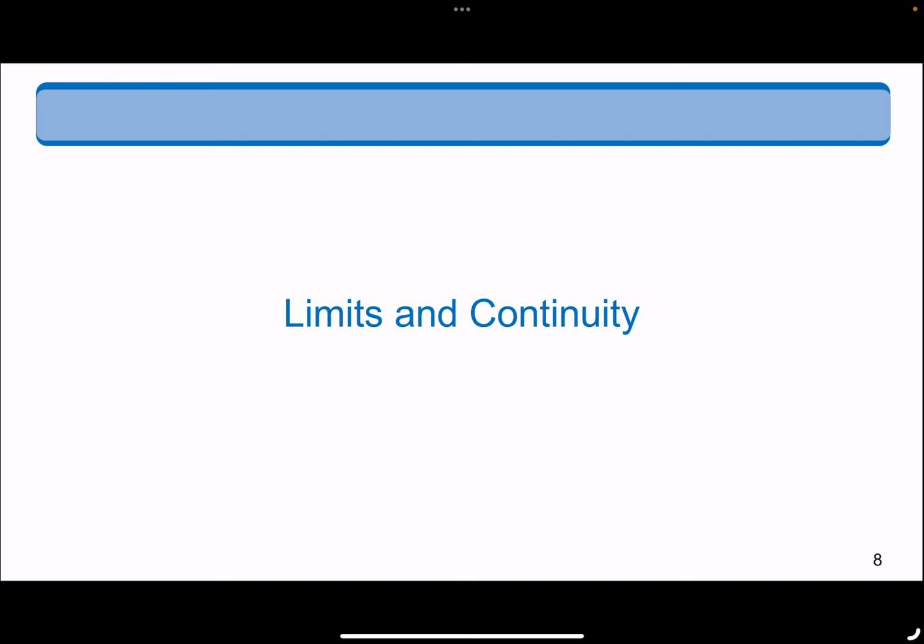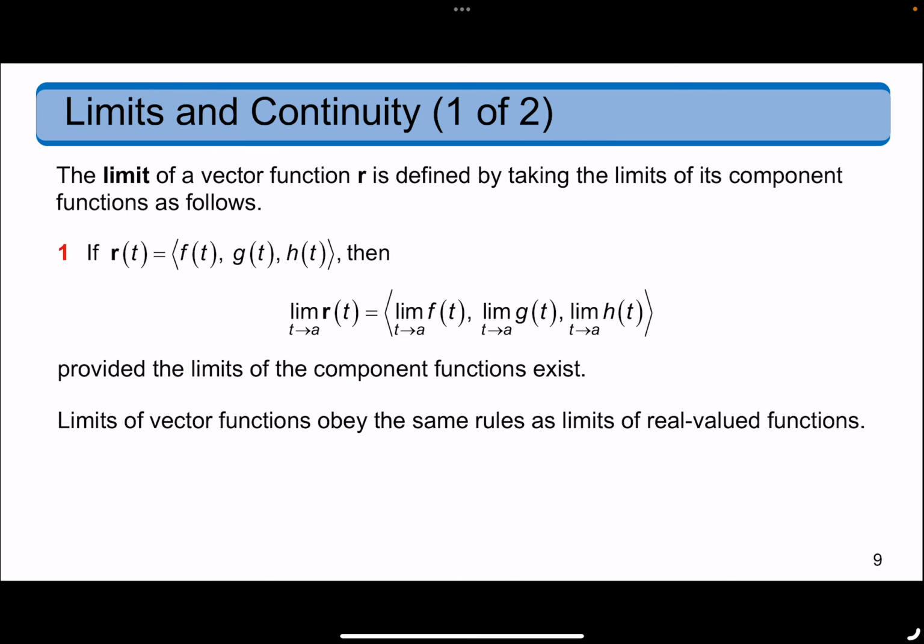The next thing that we would be evaluating would be limits, and we're going to check if the function is continuous. The limit of a vector function R is defined by taking the limits of its component functions as follows.